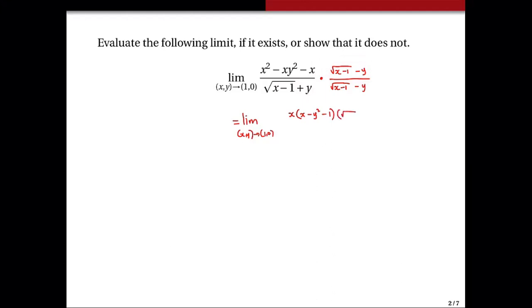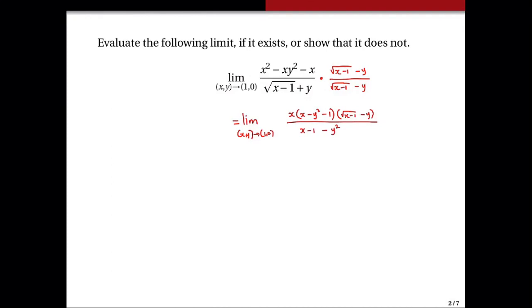This is square root of x minus 1 minus y. On the denominator, notice that this guy here is just an expression that will give a difference of two squares, because one of them is plus, the other one here is minus. So that if we do the multiplication, we will end up with x minus 1 minus y squared.